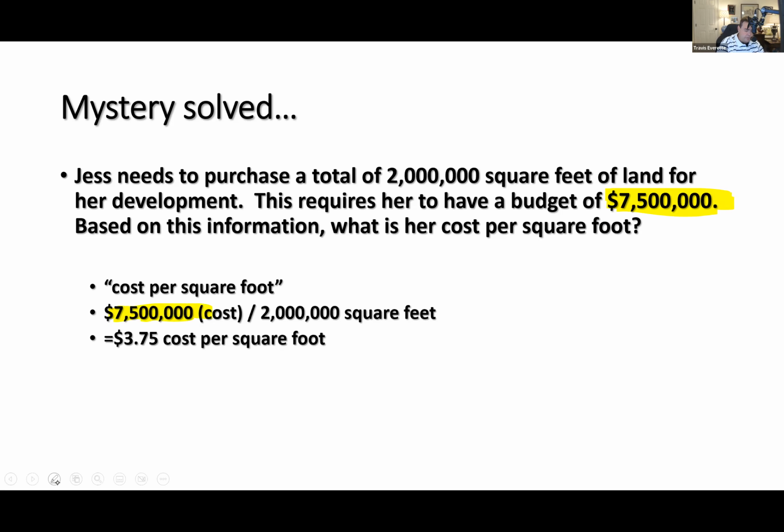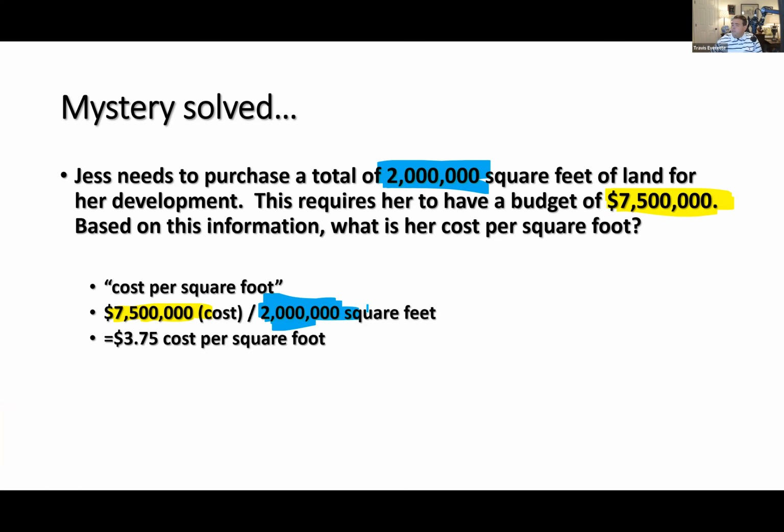I'm just substituting in. And then it says she bought a total of 2 million square feet. So there's my 2 million square feet. And the only word between the two of them is per. That means division. So $7,500,000 divided by 2 million square feet, that's $3.75 per square foot.